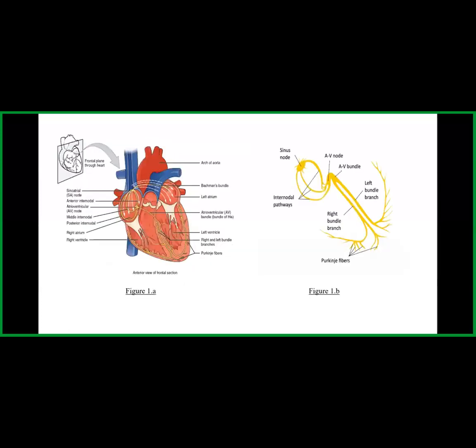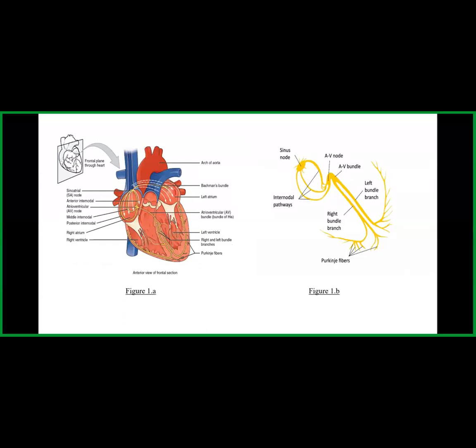Right now we're going to look at the structure of this conduction system. In figure 1B, the conduction system is made up of, first of all, the sinoatrial node, or the SA node. This part of the conduction system is the heart's pacemaker.